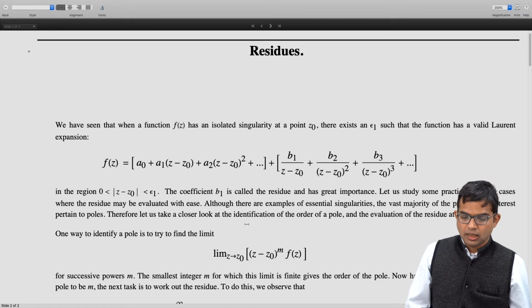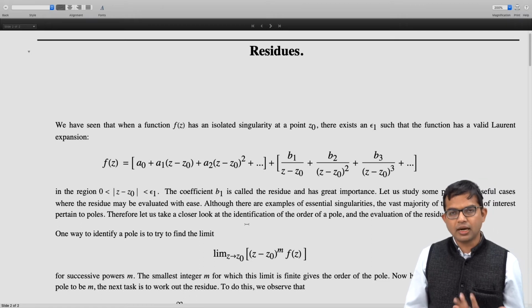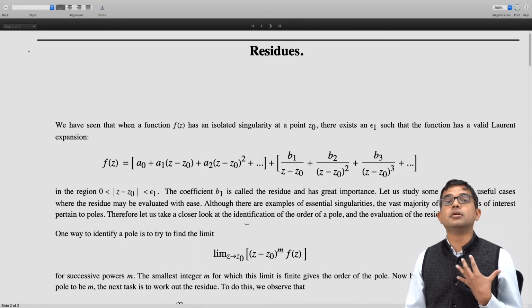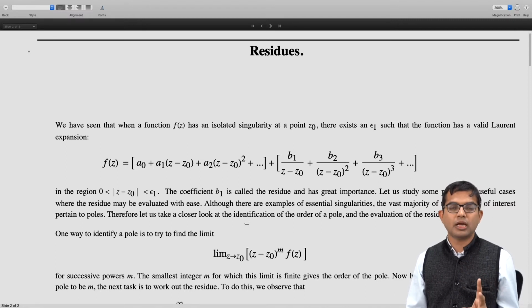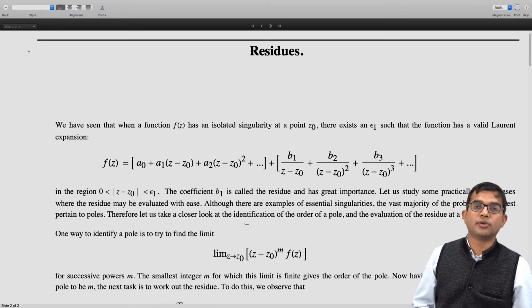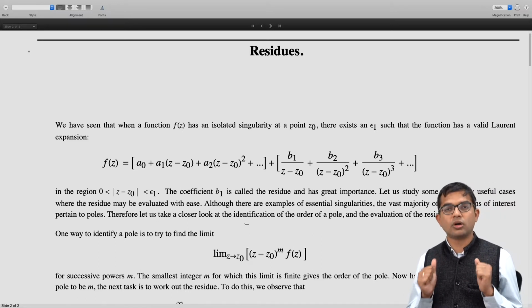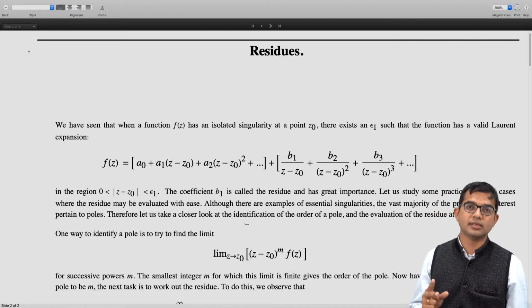Having identified this pole, how do you work out the residue? These are the two aspects we often have to worry about: one is the order of the pole, and the second is the residue at that point.